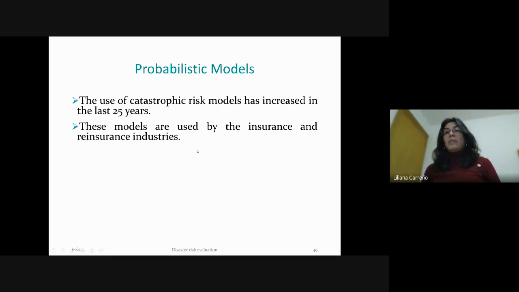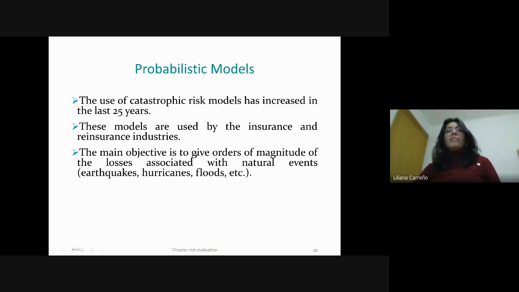And these models are used by the insurance and reinsurance industries. The main objective of this kind of analysis is to give orders of magnitude of the losses associated with natural events, but orders of magnitude of the losses.